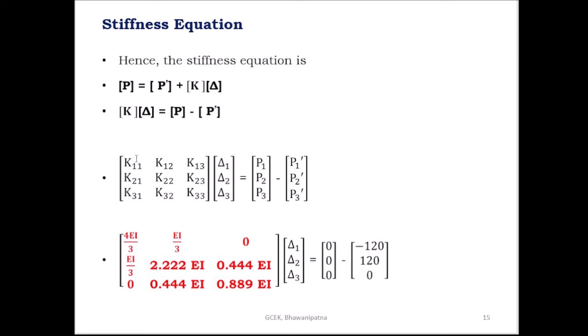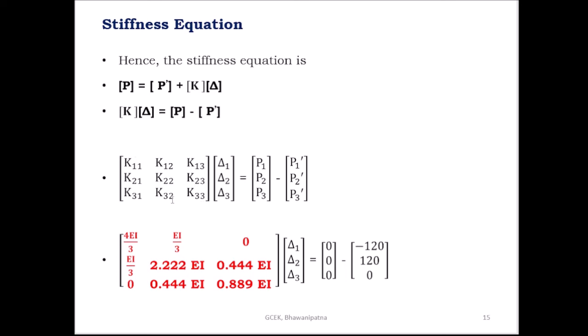These are the forces at coordinate 1, coordinate 2, coordinate 3 due to unit rotation at coordinate 1. And these are the forces at coordinate 1, coordinate 2, coordinate 3 due to the unit rotation at coordinate 2. And these are the forces at coordinate 1, 2, 3 due to the unit rotation at coordinate 3.